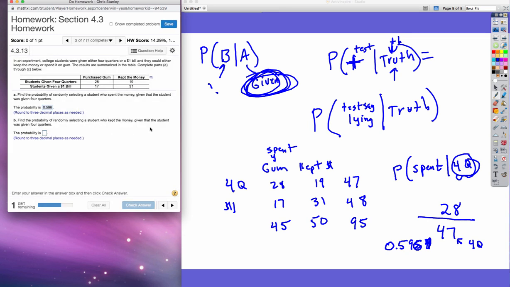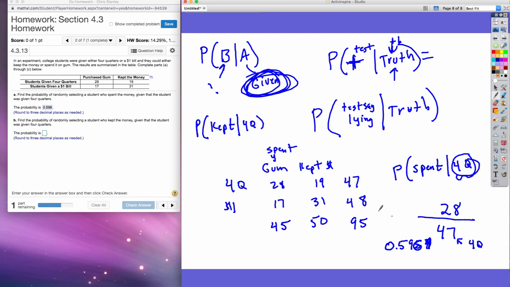Okay, find the probability that the student kept the money given the fact that the person had 4 quarters. So same thing, 47, and they kept the money.